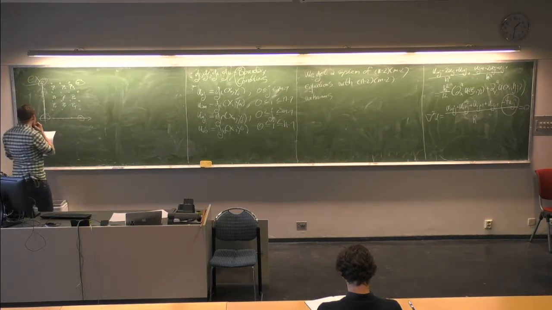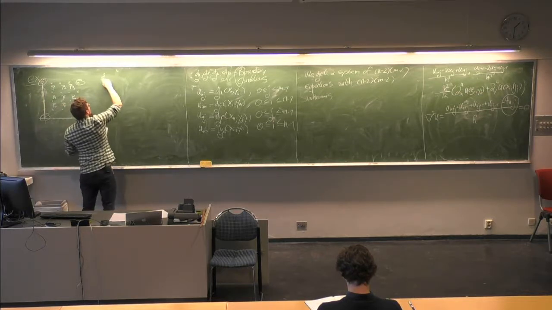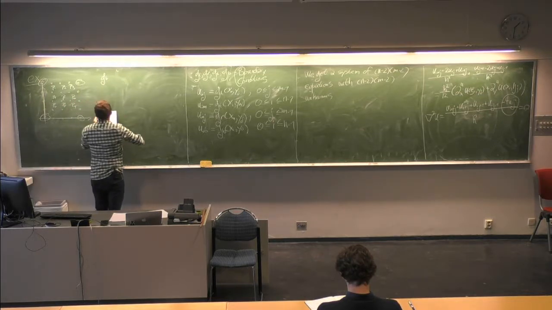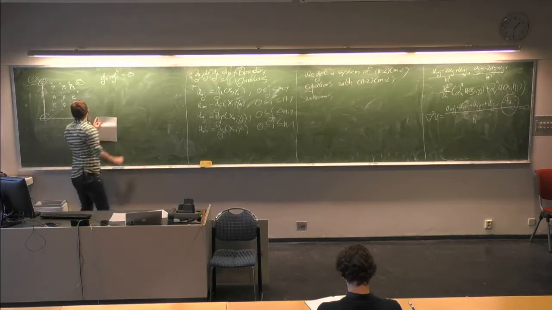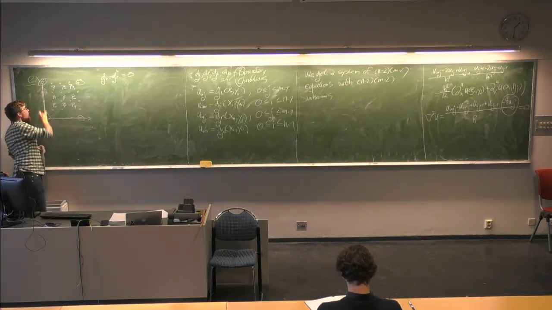So the functions we have: the bottom and the left side are just 0, meaning you have 0 along this line and 0 along this line.